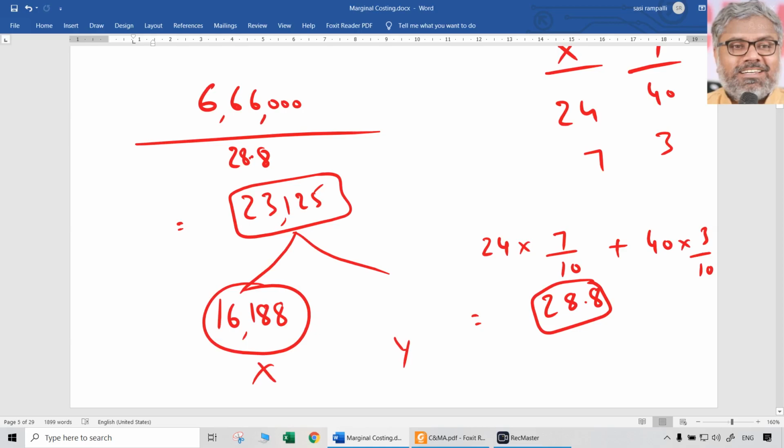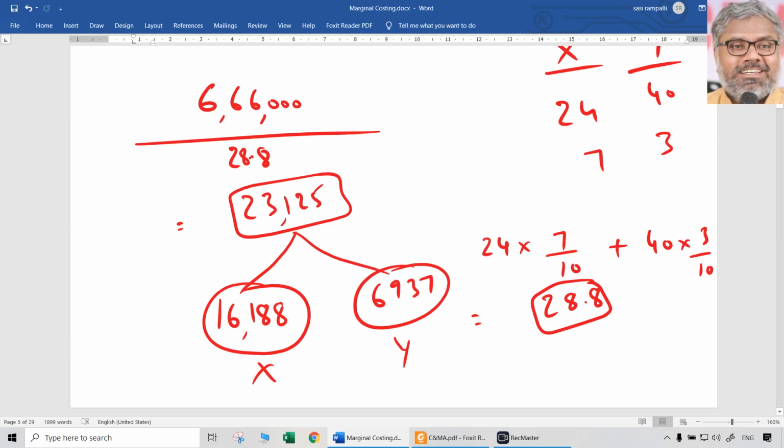So that will be around 6,937, let us say. This is how this 23,125 has been split between X and Y, once again according to their sales mix. Break-even sales also will be in the sales mix only, 7:3.